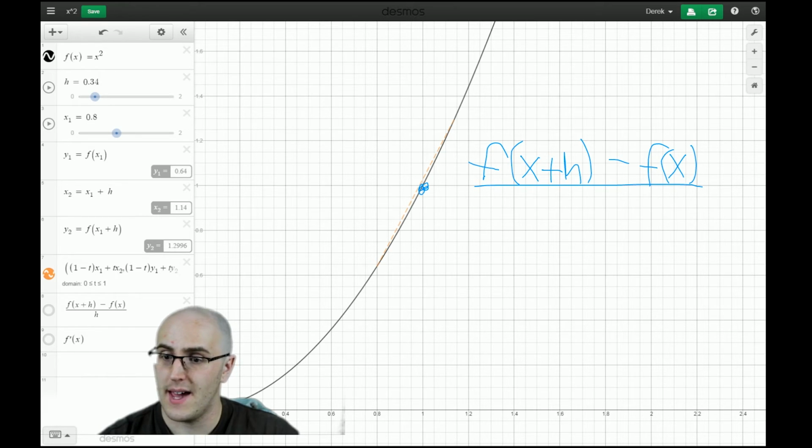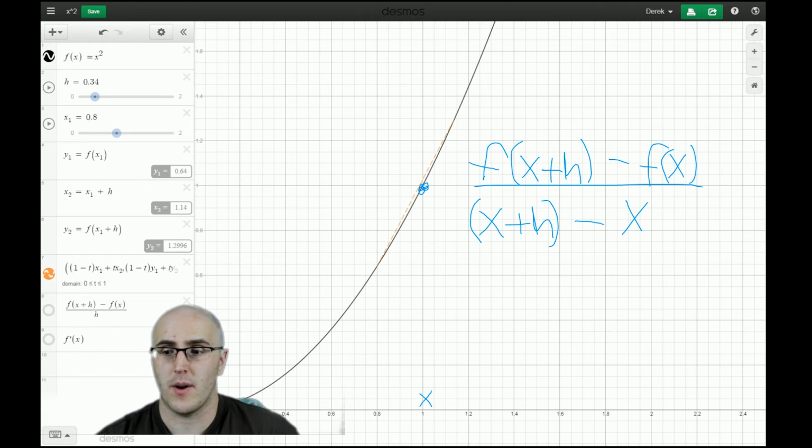And then we take the x value of the further point, which is x plus h, and we subtract the x value of the closer point, which is x. And this right here being our x. We're doing this for any case, so we can do this for anywhere. You can move this up to 2, we can move it to 1.4, that's why we're using just an x. It's an arbitrary value.